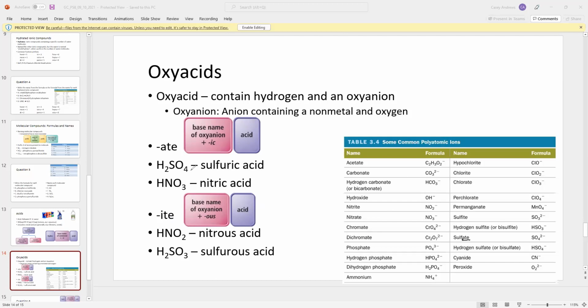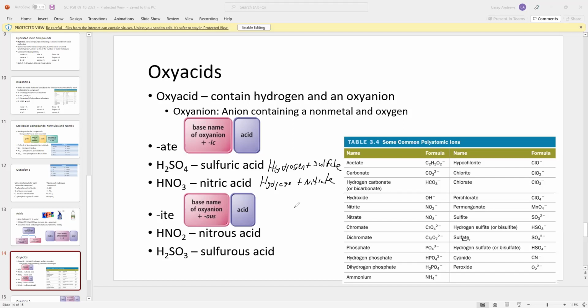So H2SO4 is a combination of hydrogen plus sulfate. So we call that sulfuric acid. HNO3 is hydrogen plus nitrate. So that's nitric acid.